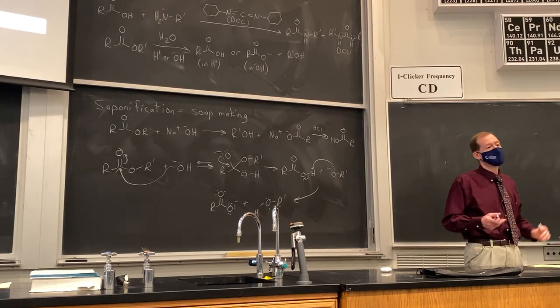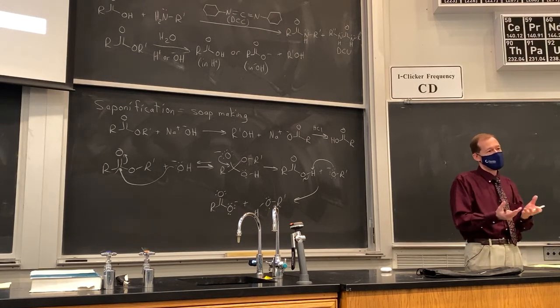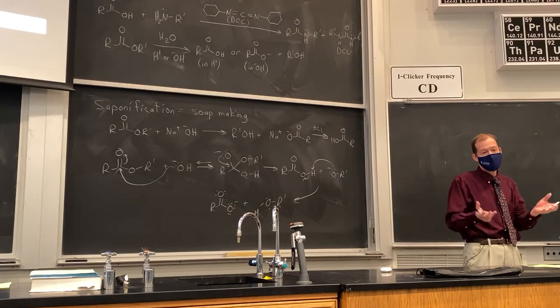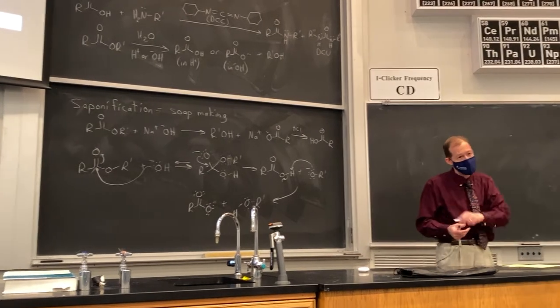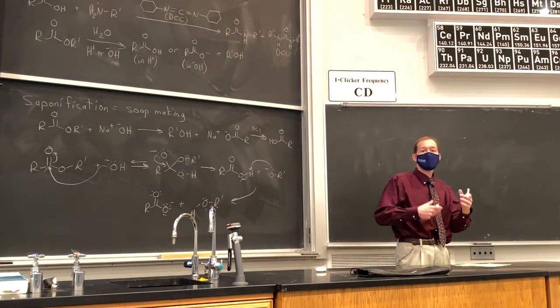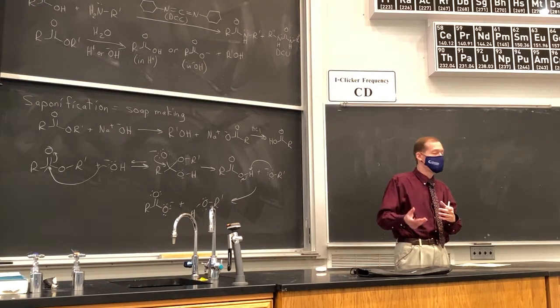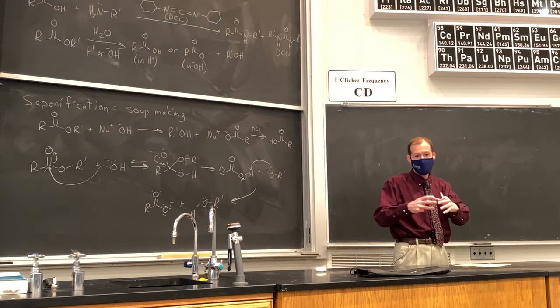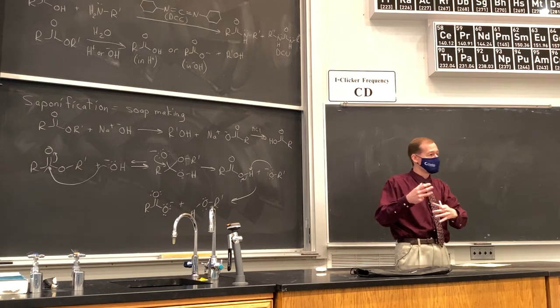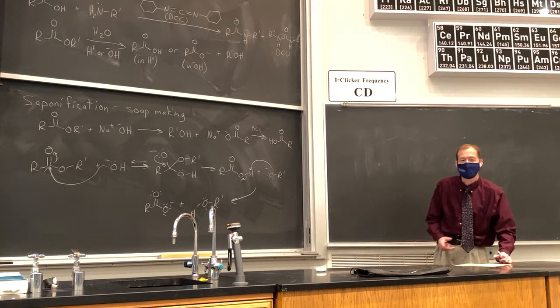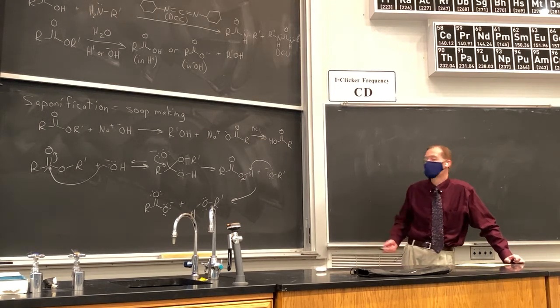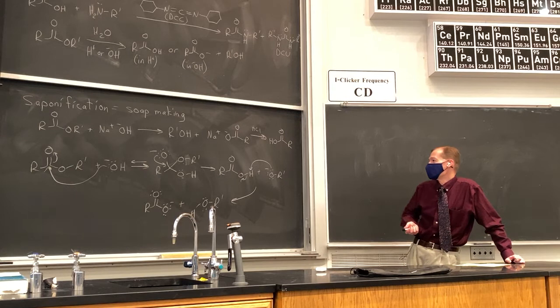We learned that they form spherical particles called micelles with those negatively charged carboxylates on the surface and the long chains on the interior, and that allows nonpolar species such as grease and dirt to get inside those micelles and actually dissolve in water. Right? So that's what happens when you wash your dishes or you wash your clothes in the washing machine: you form those micelles.